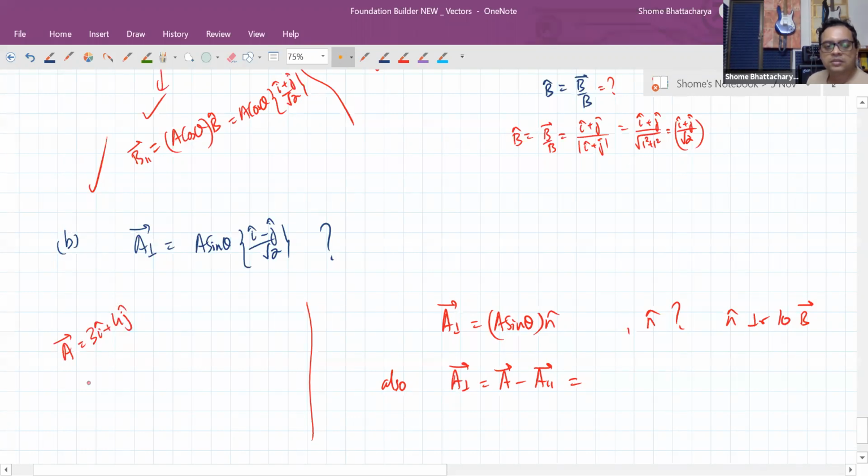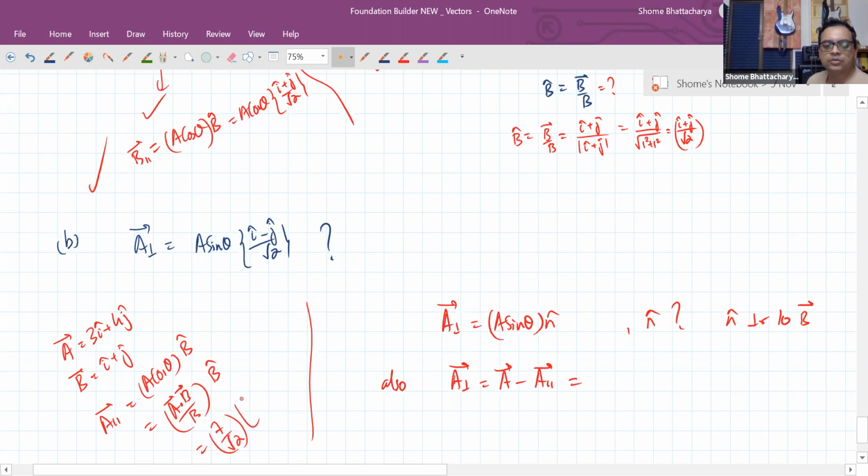was this and the vector B was this, what is my parallel component? It is A cos theta into b cap. So that is nothing but A dot B into b cap. Now A dot B you can see here is 7, and this is b cap.